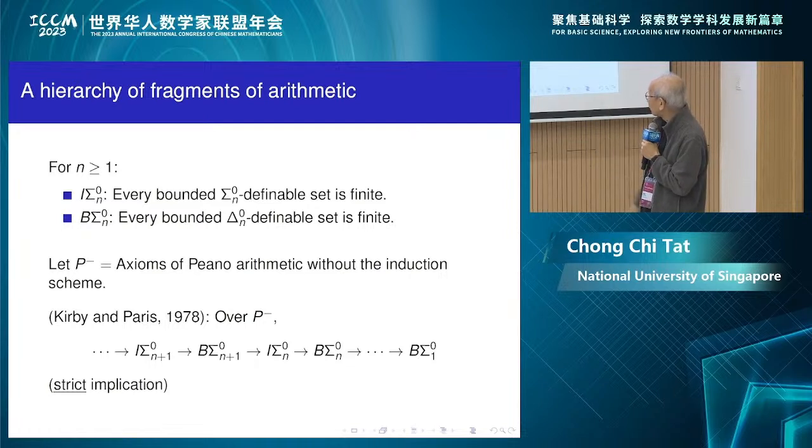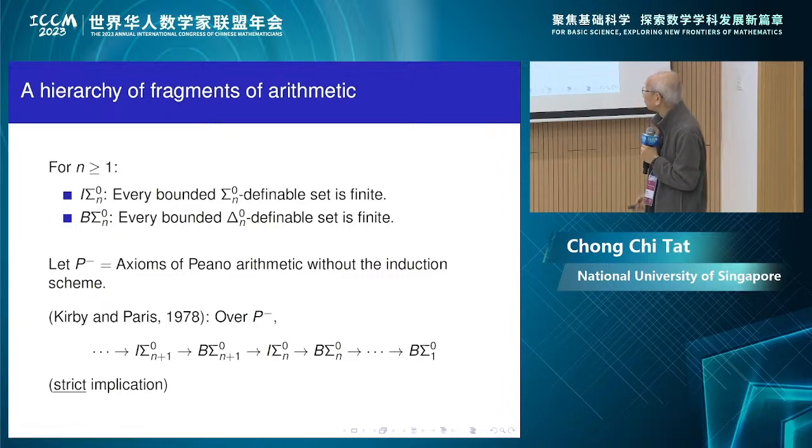For example, there is a model of P minus plus B sigma n, but which is not a model of I sigma n. And there's a model of I sigma n which is not a model of B sigma n plus 1, and so on and so forth. Right? So this is a strict implication.